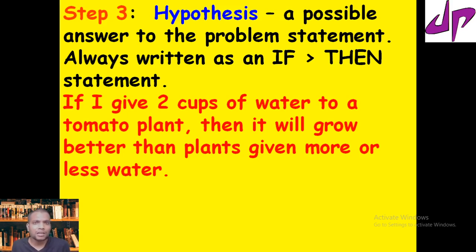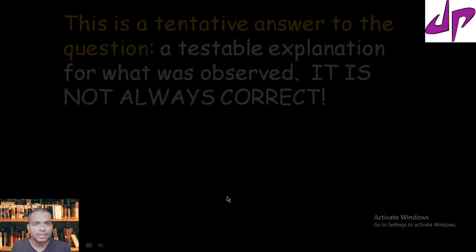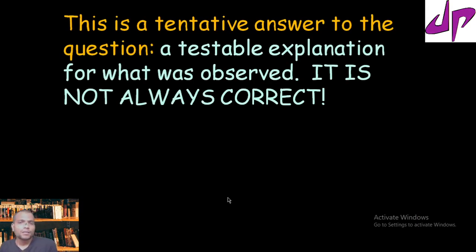That hypothesis will be understood when it reaches the conclusion. In the hypothesis, we always give an answer, but that answer is not a conclusion. Now let's observe this. A hypothesis is a tentative answer to the question. Tentative means it can change, it is temporary.